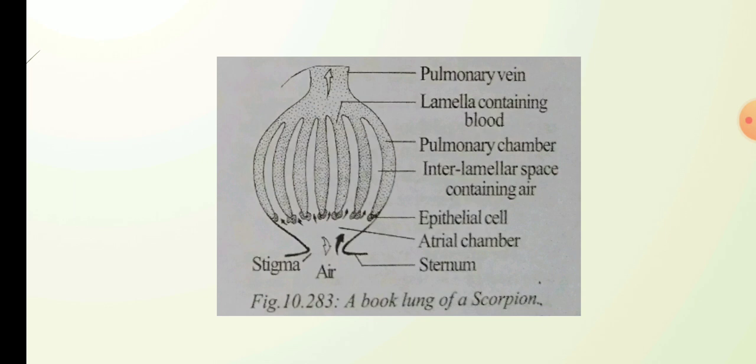Air from the outside enters the chamber and passes into the spaces between the leaves, and the blood flows continuously in the spaces inside the lamellae.